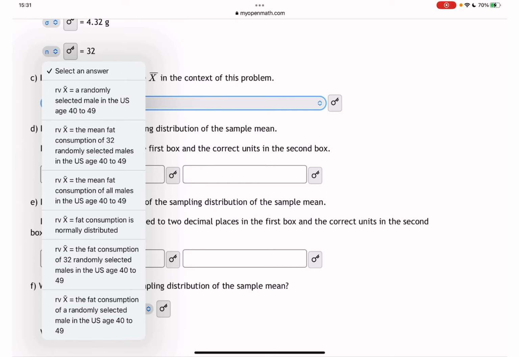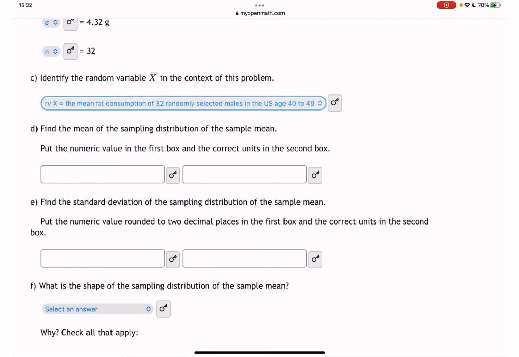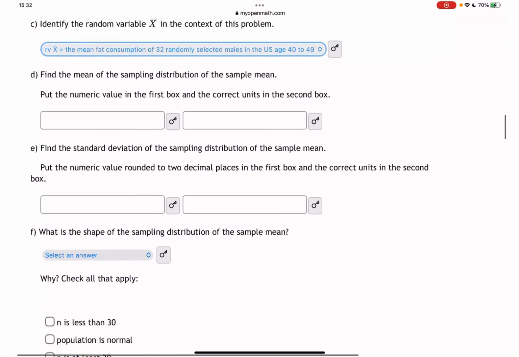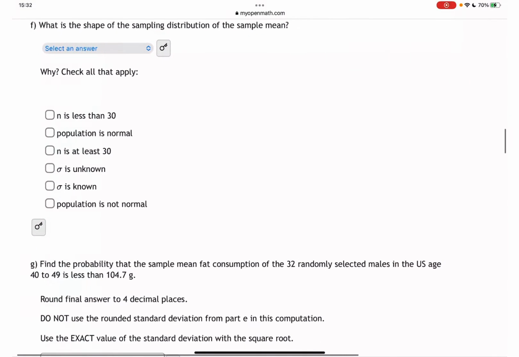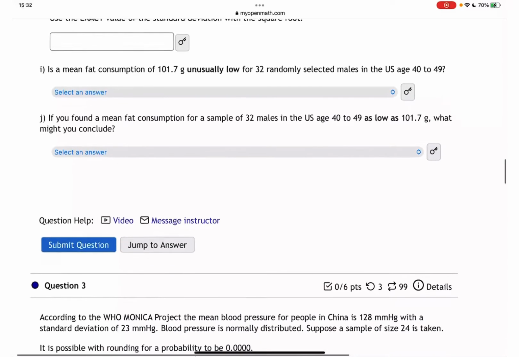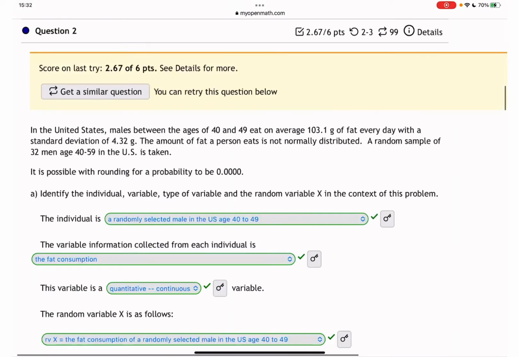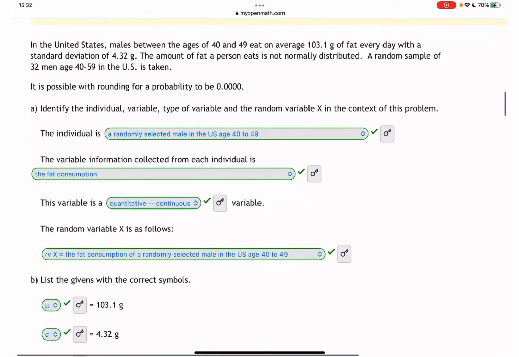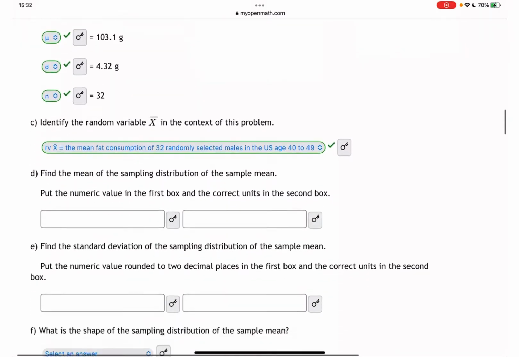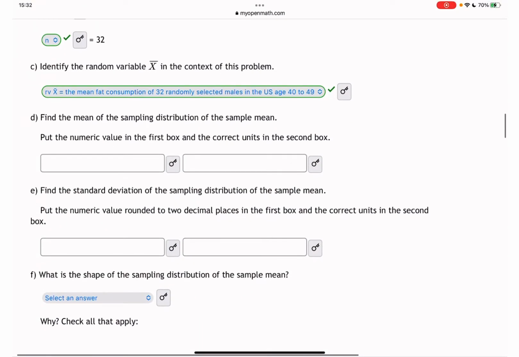I would say this one. You know what? Let me put it all together and double check, submit the answer. Yeah, so far so good.